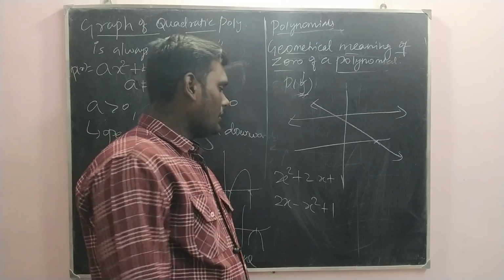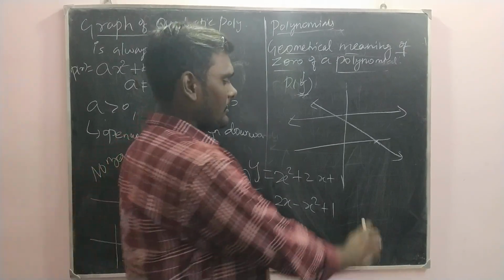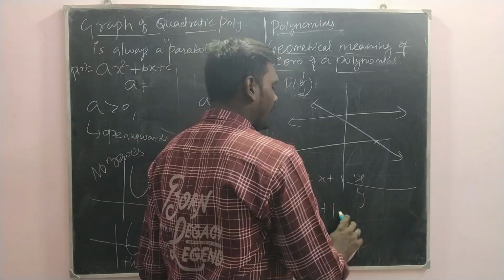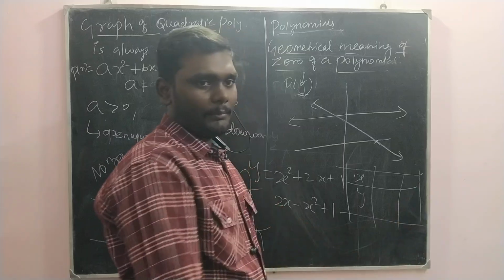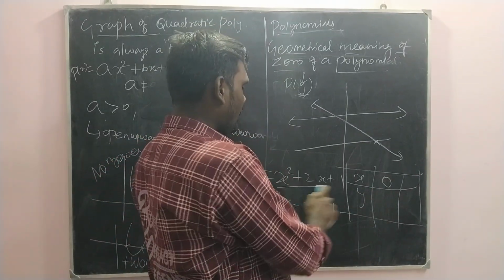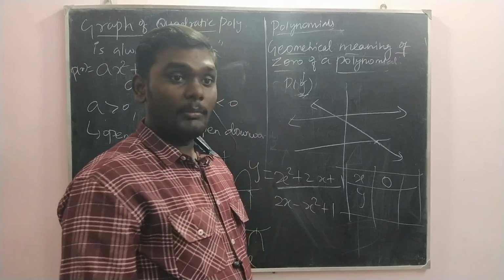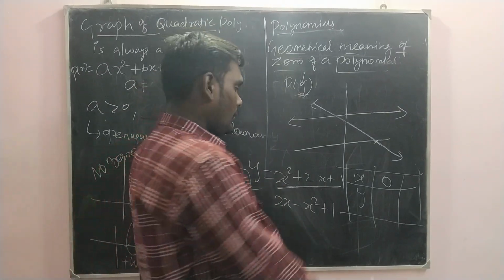Now we name this y equals to, and we should get the values of x and y accordingly. This is not for the exam point of view, simply I am saying. When x is 0, what is the value of y here? You remember the value of the polynomial we discussed previously. 1.